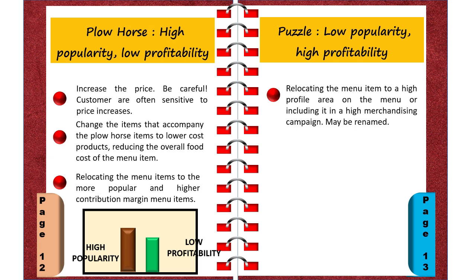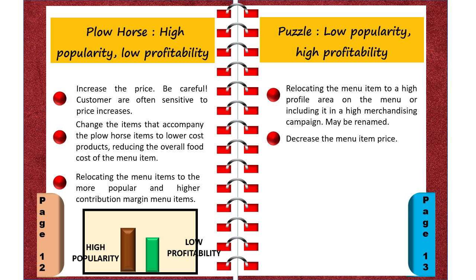Another decision we can take is to decrease the menu item price, because they are already high profitability, and to make it a little more popular, we can slightly compromise the price of that menu. We can decrease it a little bit so that the customer will be interested to select it, and once they are selecting it, automatically the popularity will go higher.